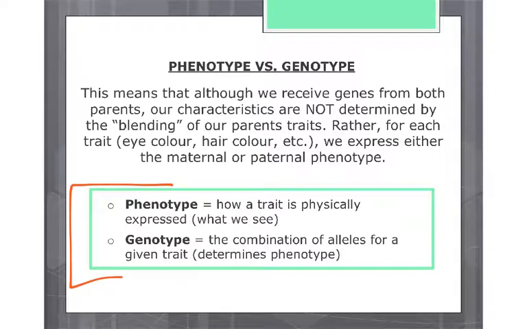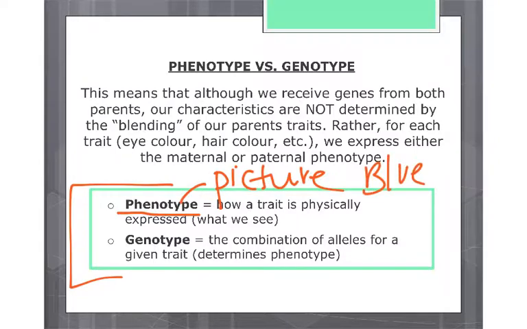So the definition of phenotype is how a trait is physically expressed. The example I give, phenotype and picture, they both start with a P. So a phenotype is how would you describe that trait if you were to see it in the picture? For example, having blue eyes, and that relates to the slide before.